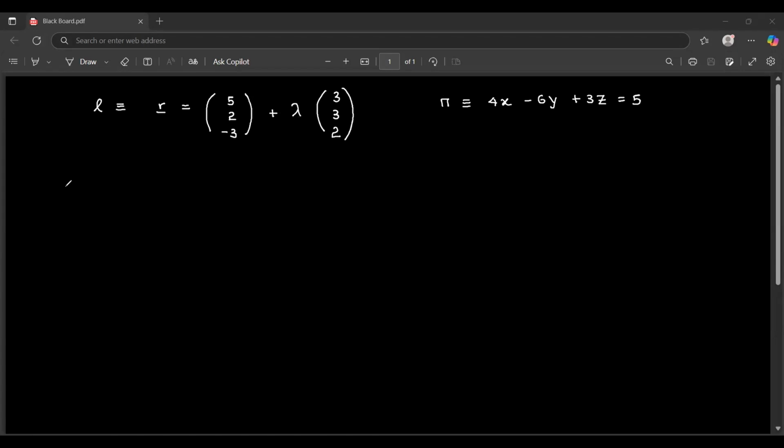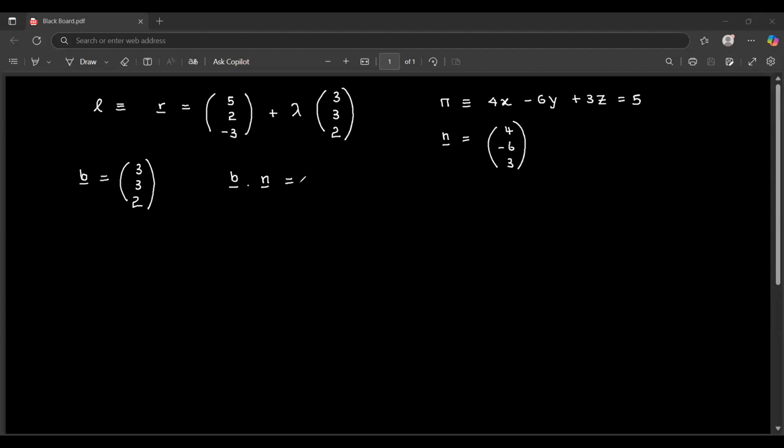So let's define b as (3, 3, 2). Why do we do this? To find out whether the line is parallel to the given plane. From the plane, n = (4, -6, 3). So we have to check whether b · n = 0.